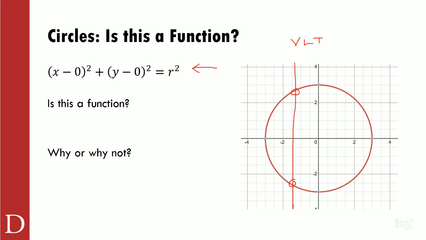So remember what we said for it to be a function is for each value of x, there would be specifically one value of y. Well, I can see right here that for this value of x, I don't know what value of x it is, but negative 1.5 or something, right? There's a value of y here, and there's a value of y here. So I'm not going to pass the vertical line test.